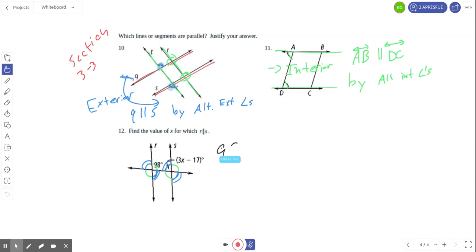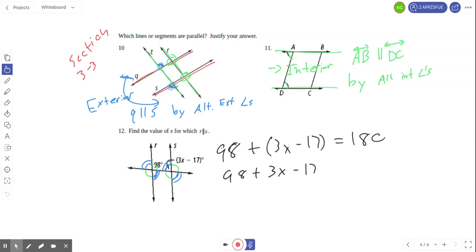So that means that 98 plus 3x minus 17 has to equal 180. There's no multiplication or anything going on here, so these parentheses don't matter. So 98 plus 3x minus 17 equals 180. I can combine the 17 and the 98.